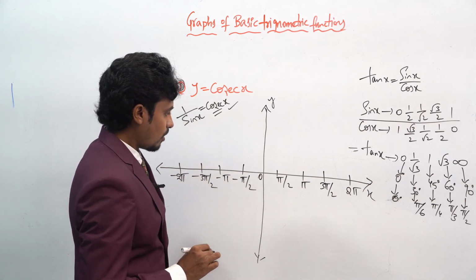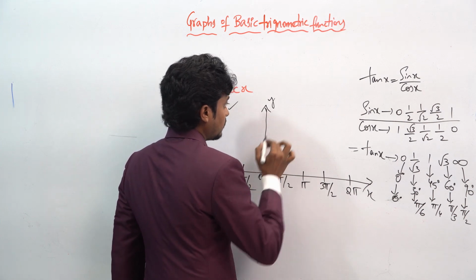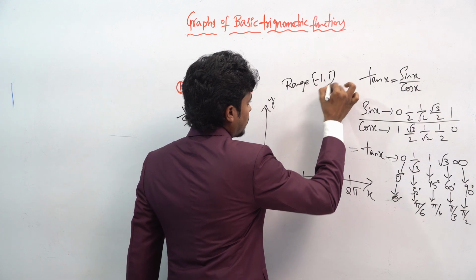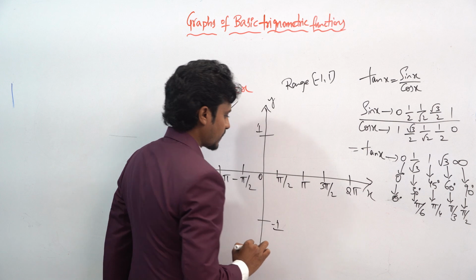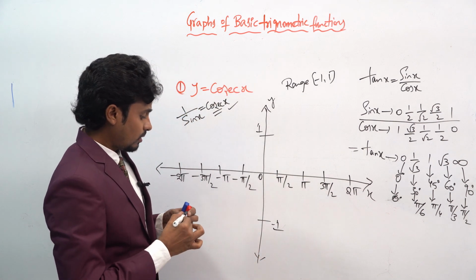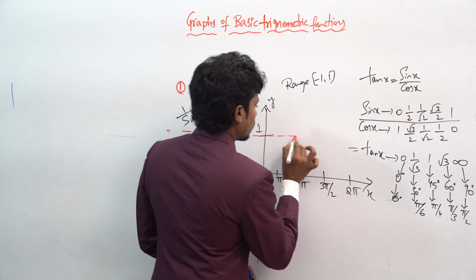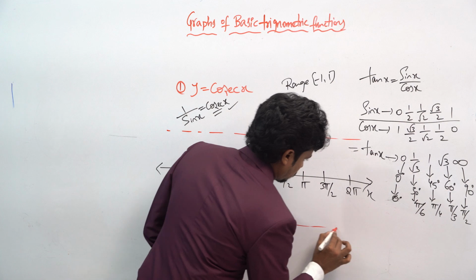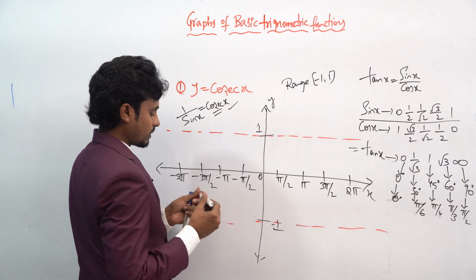Here also, first thing, the range for sine will be minus 1 to 1, right? This will be plus 1 and this will be minus 1. So first thing you have to do is draw the line. Okay, what will be the sine plot?